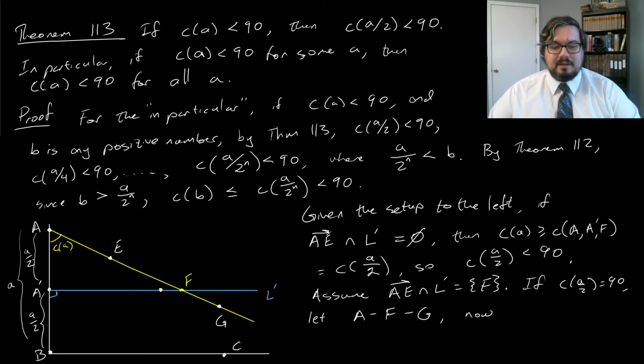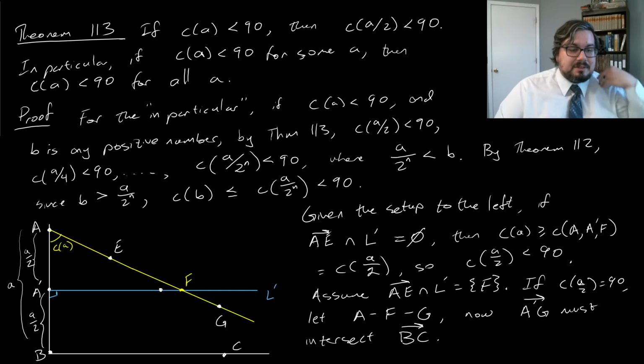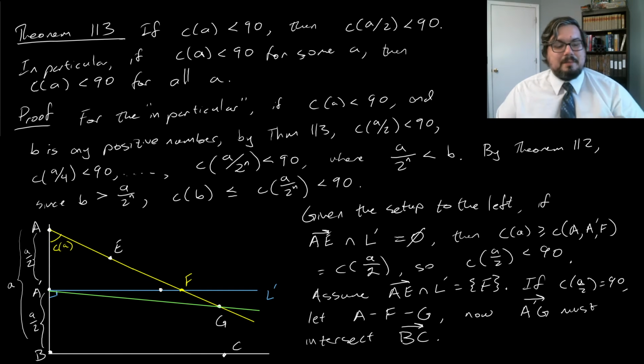And then the ray A prime G must intersect the ray BC. Because under this setup now, the angle BA prime G is going to be less than 90.